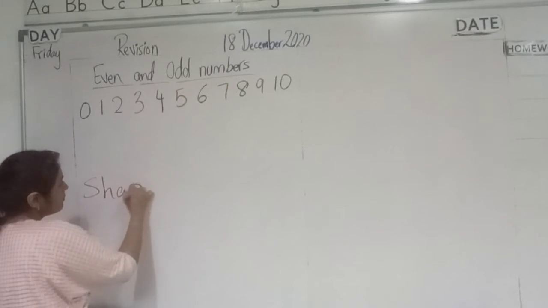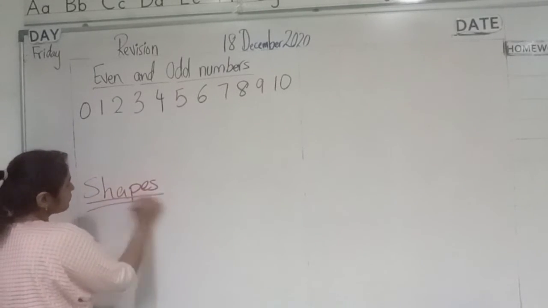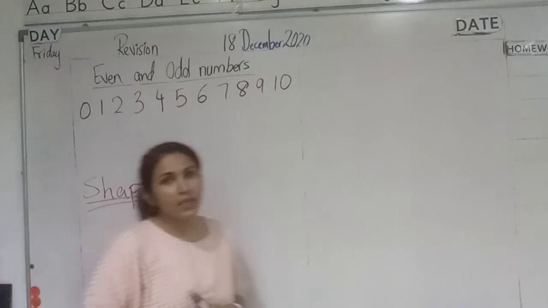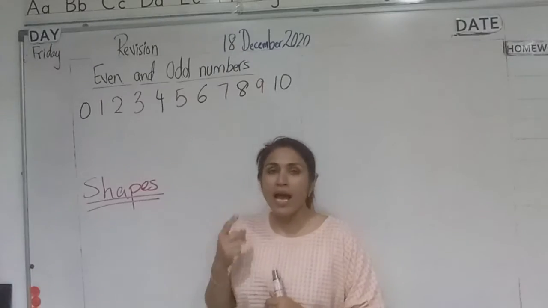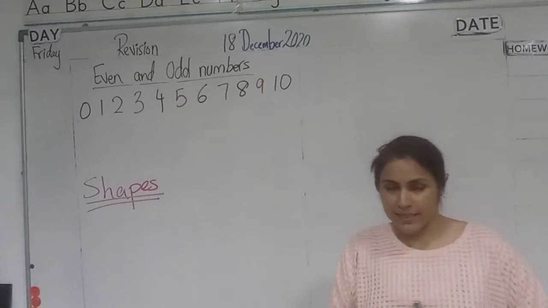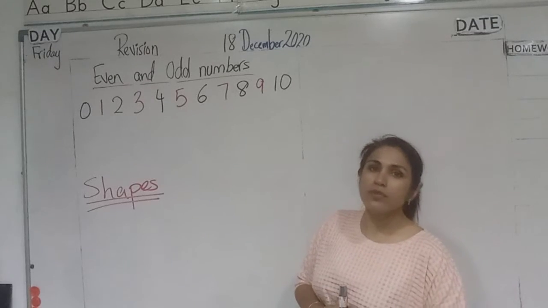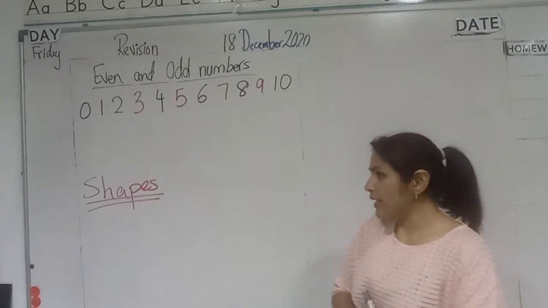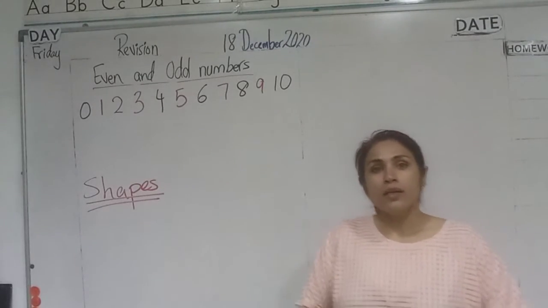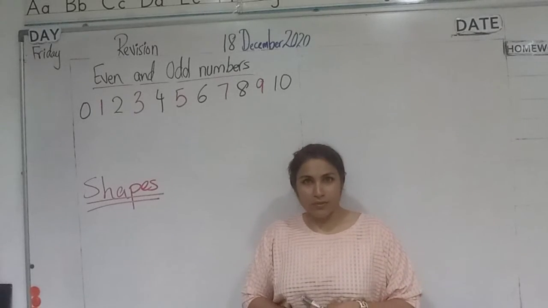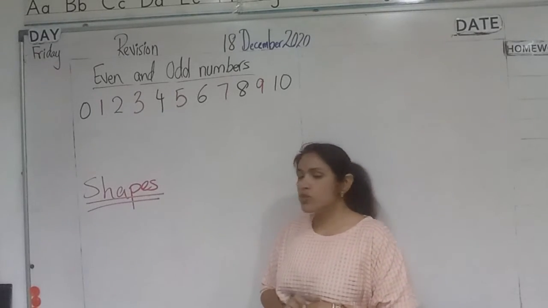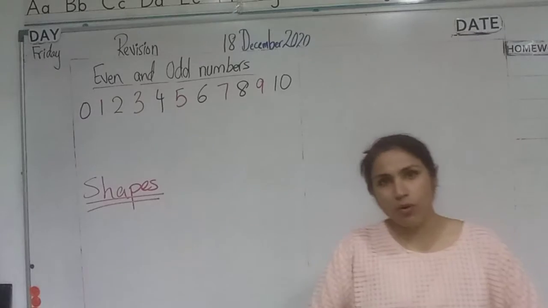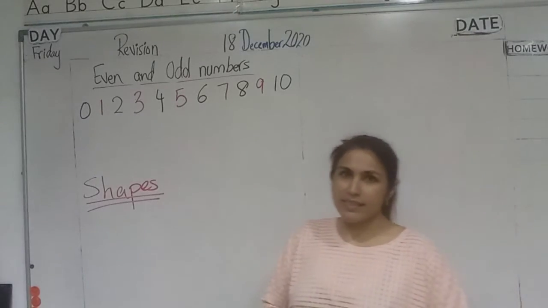So today for shapes, you will be drawing shapes as well as identifying the names of the shapes. So I would like you to follow the worksheets which I have given you. I'm sure you all know the shapes, the sides and the corners. They are very easy, very simple.